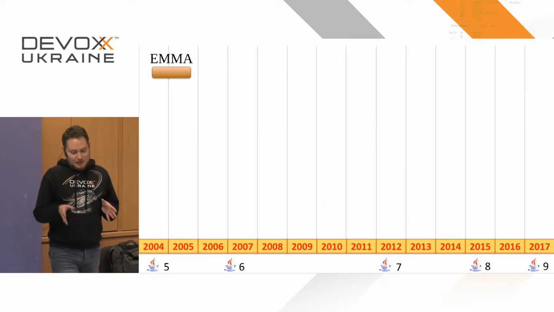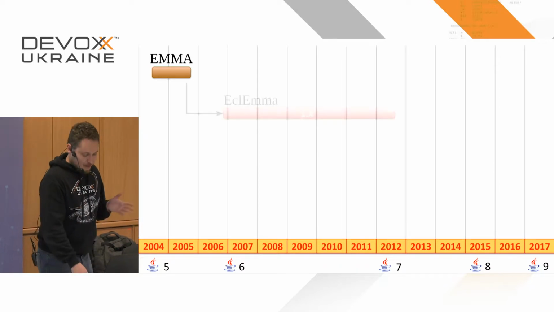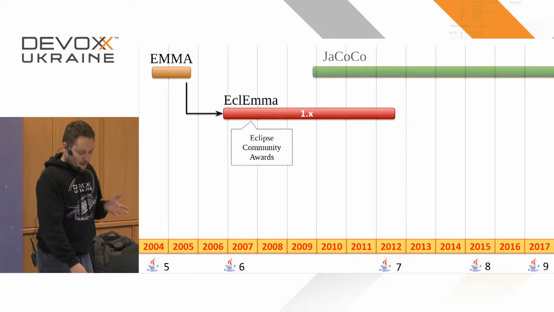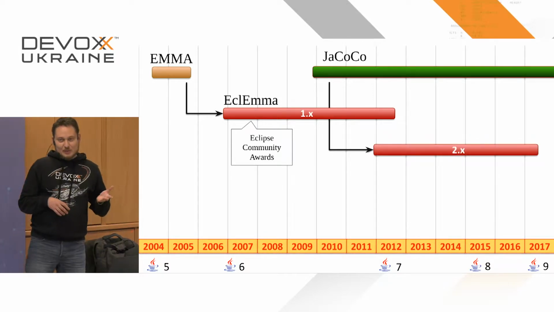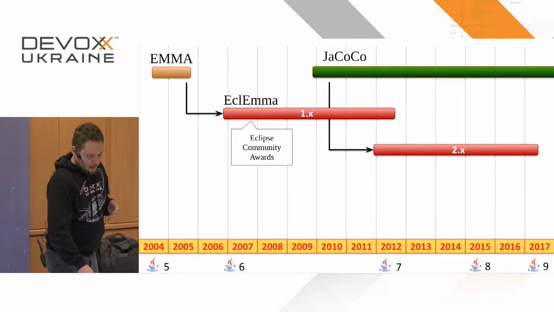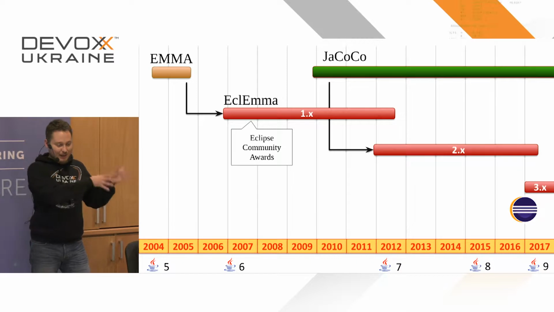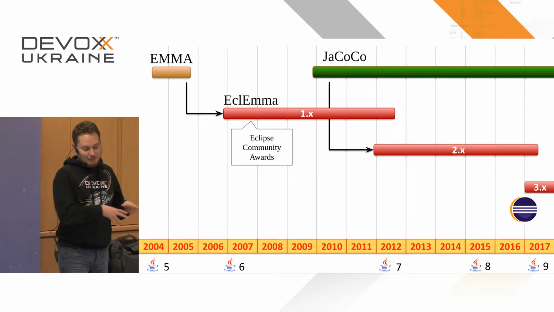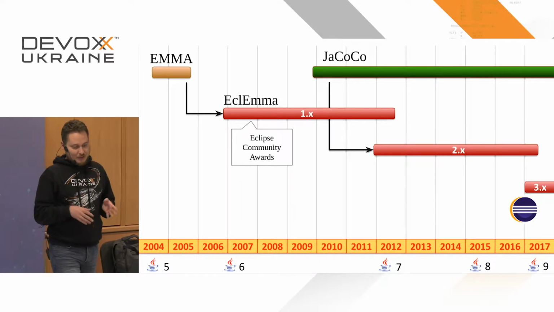So we're going to talk about this based on the experience of about 10 years of development of a library, JaCoCo, which was started as a replacement for the very, very old library Emma, and later replaced it in the EclEmma plugin, so that plugin is now fully based on JaCoCo.